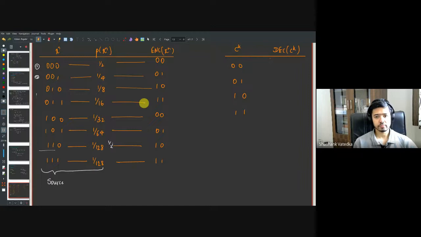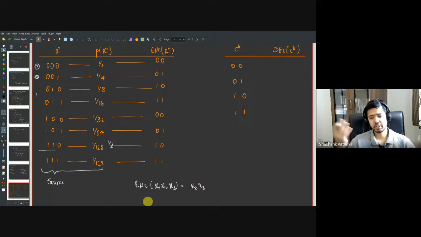All right, so that is what the compressor is going to do. So the encoded version of x1, x2, x3 is basically just x2, x3. This is one particular compressor. I just came up with this.